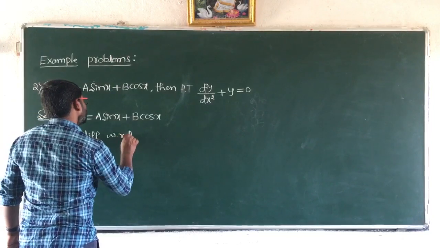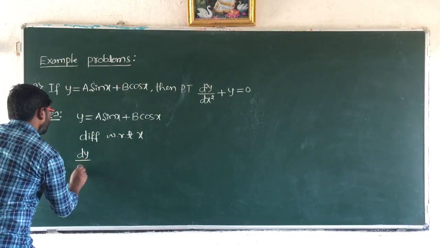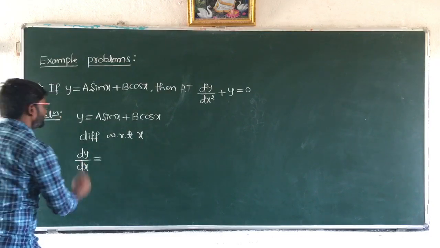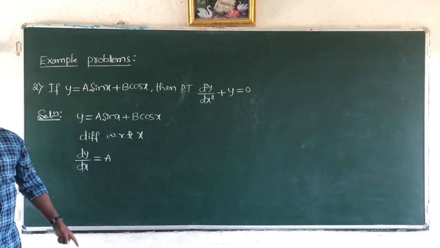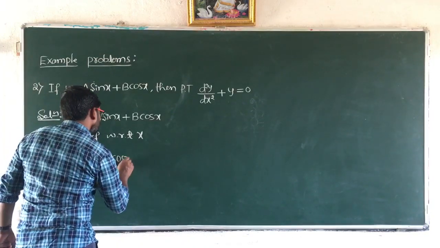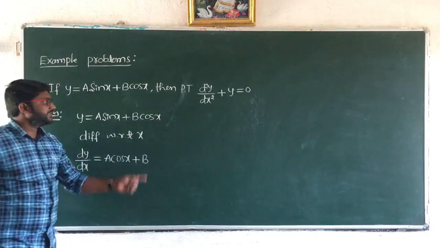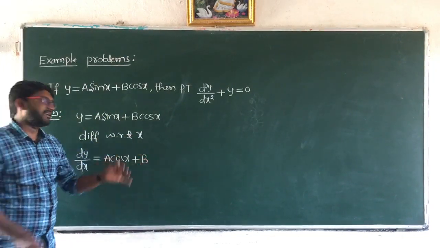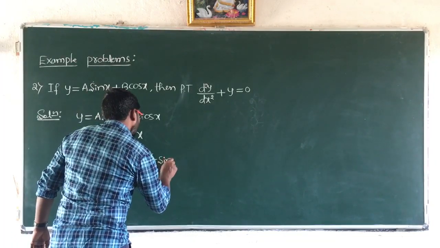Now we get dy by dx, which is equal to, a is a constant, write it as it is. Then derivative of sin x will be cos x, plus b is a constant, write it as it is. Then derivative of cos x is minus sin x.